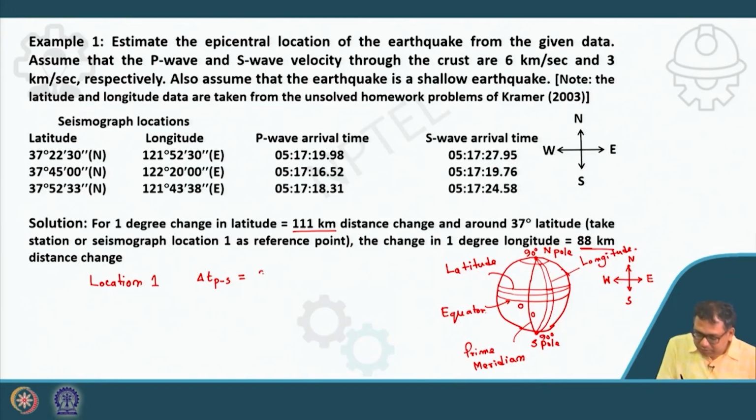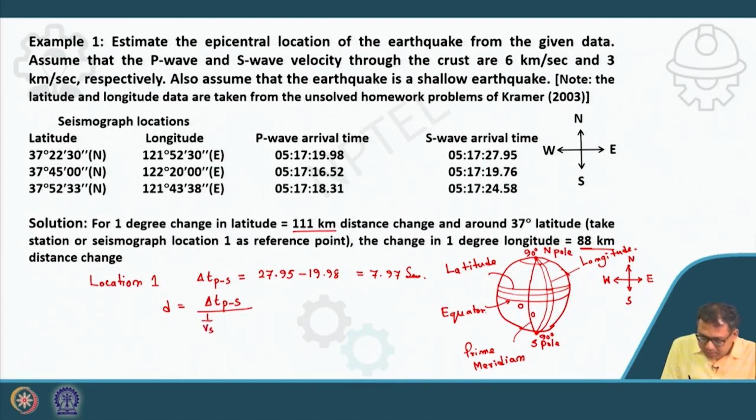It is 27.95 minus 19.98, because the 5.17 is common, so it will be only the change in terms of seconds. If I take the difference, it will be 7.97 seconds.